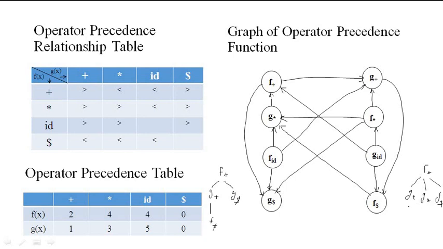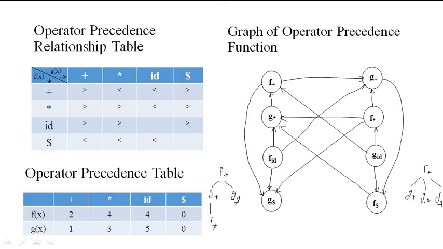From g plus we can reach at f dollar. From any operator precedence function you can reach to f dollar or g dollar, which is maximum at depth.